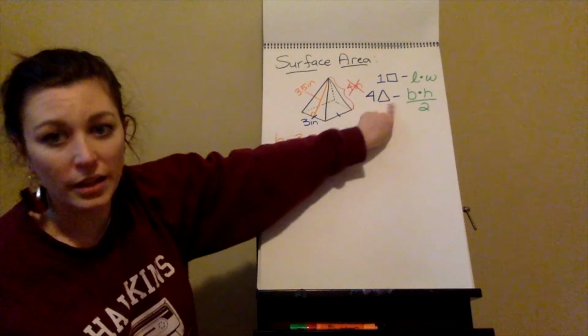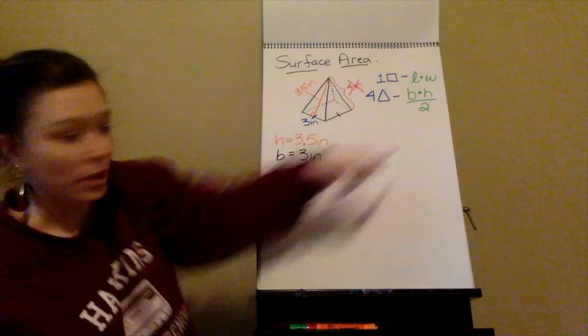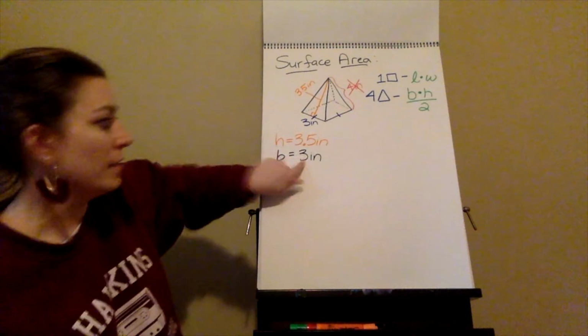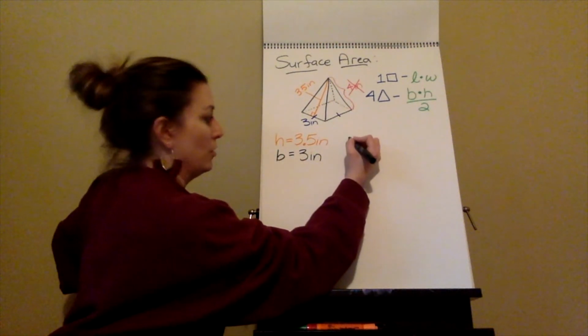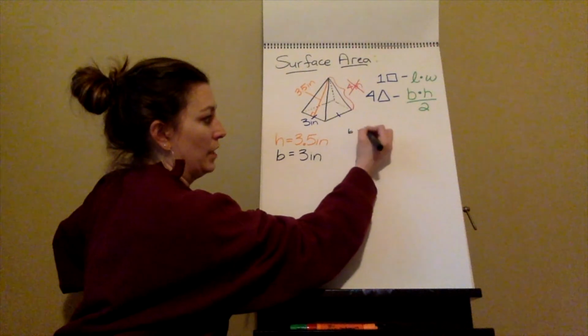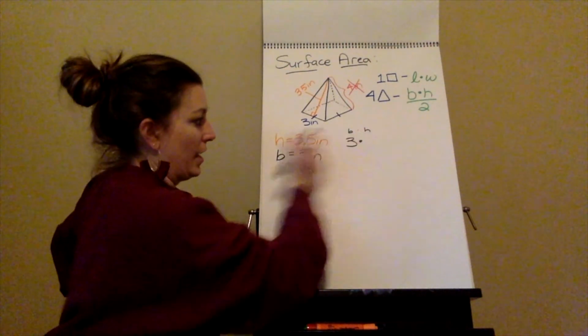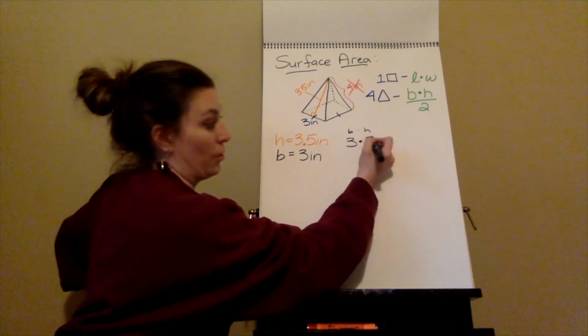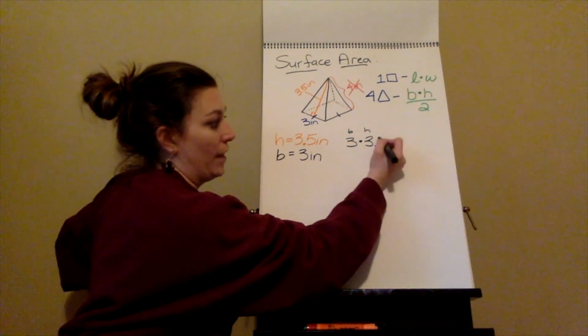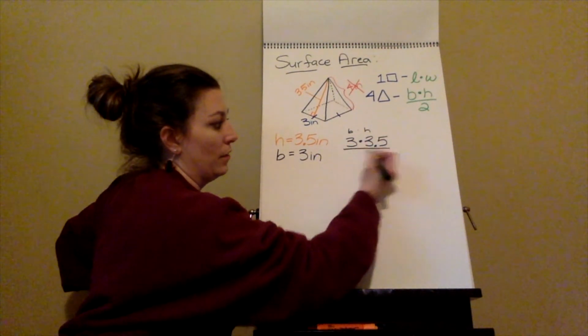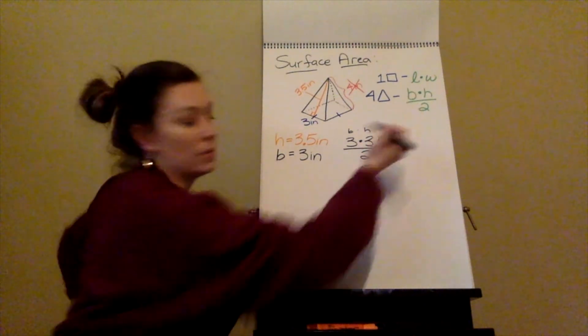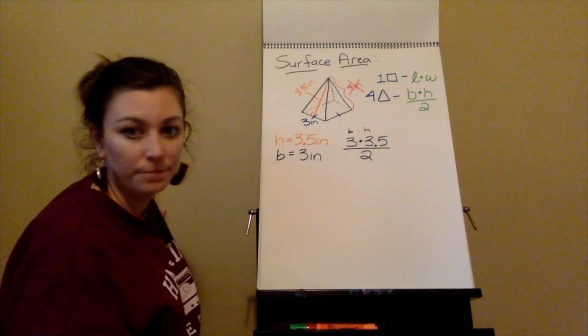I don't know if I mentioned that. Base times height divided by 2. We have our base and our height, so I'm going to fill those in. So base times height. So our base is 3 times the height is 3.5 divided by 2. I'm just using that formula right there.